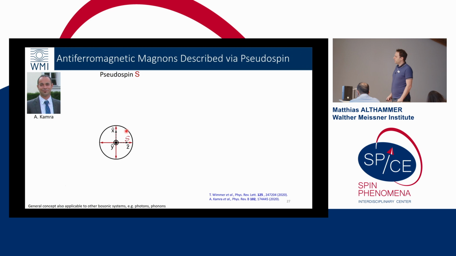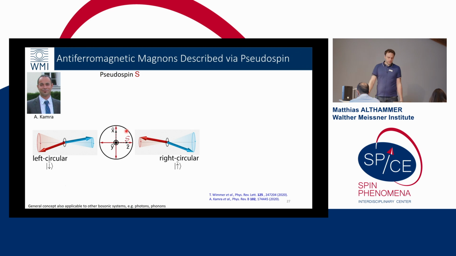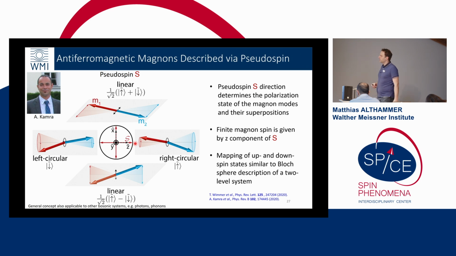Now if we go into the equatorial plane, we have superposition states of these two modes. And this will be, of course, right circularly and left circularly polarized. If you have the right phase matching, you will get circularly polarized modes from these linearly polarized modes, similarly to the case of light. But you will also have two additional orthogonally linearly polarized modes in the system.